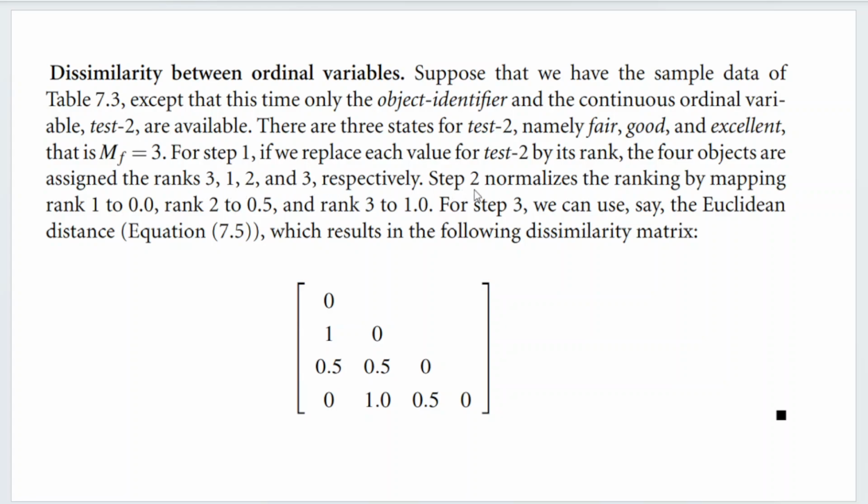The first step is assigning the ranks to each variable. In the second step, we have to normalize the ranking by mapping rank 1 to 0.0, rank 2 to 0.5 and rank 3 to 1.0. And in step 3, we use the Euclidean distance, which will result in the dissimilarity matrix.